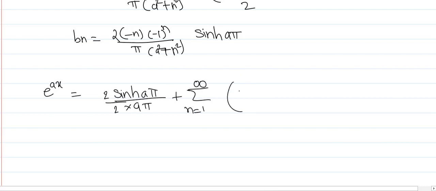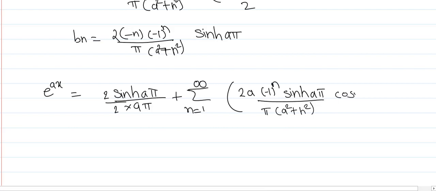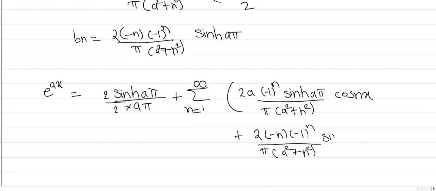The value of an is 2a minus 1 raised to n sin hyperbolic a pi divided by pi of a square plus n square into cos nx, plus the value of bn is minus 2n minus 1 raised to n divided by pi of a square plus n square sin hyperbolic a pi sin nx.